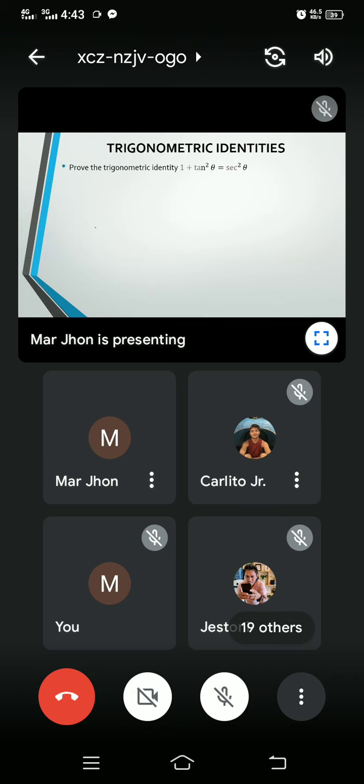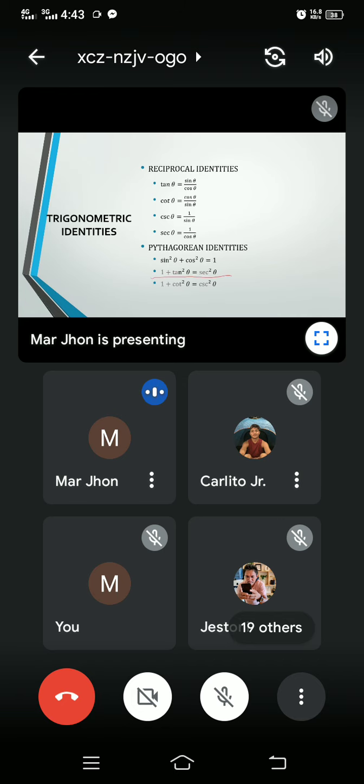Pwede nimo siya yana nga 1 plus tangent squared theta is equal to secant squared theta. So they are equal.